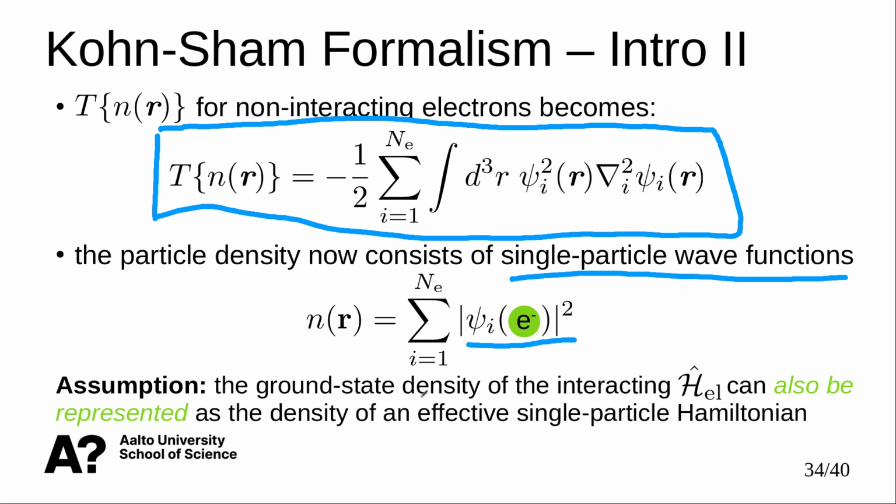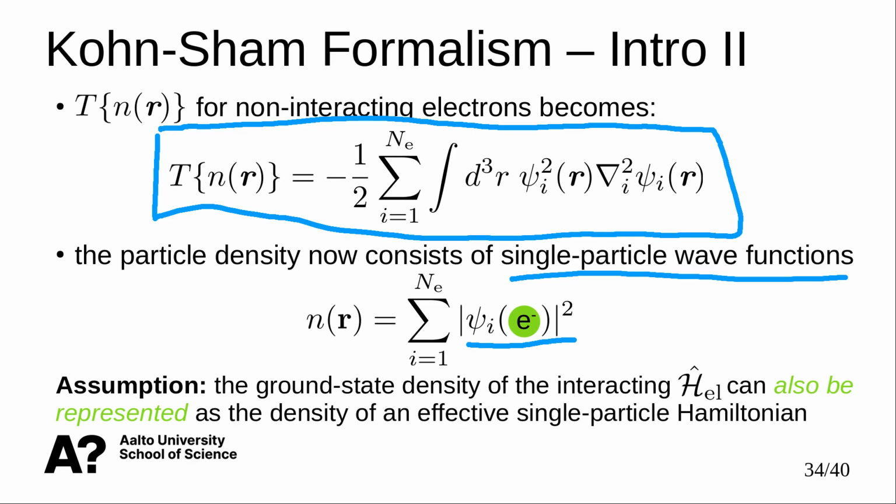And the assumption we are taking here is that the true ground state density of an interacting electronic Hamiltonian can also be represented as a density of an effective single particle Hamiltonian. And that's a bold statement, right? It might be true, but it doesn't have to be true. And it's a good approximation.